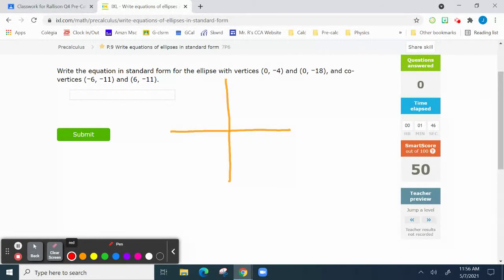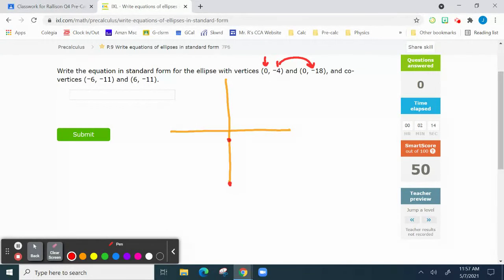And it says it's the vertices, so we already know that it's a vertically oriented one because the x doesn't change and the y does change, right? So we'll just put those in there.